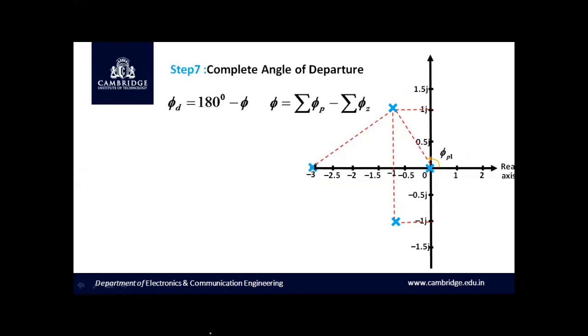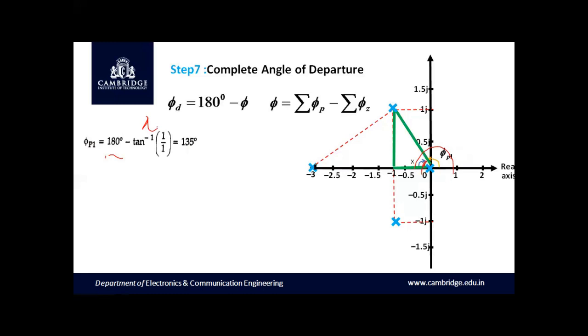Phi p1 is given by 180 degree minus x, where x is the angle in this right angle triangle.